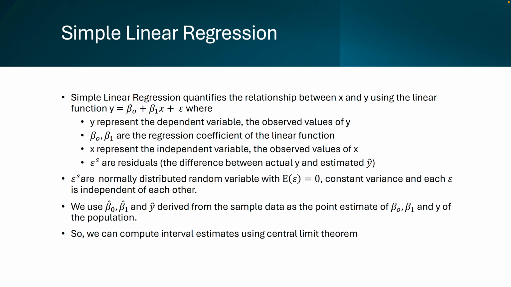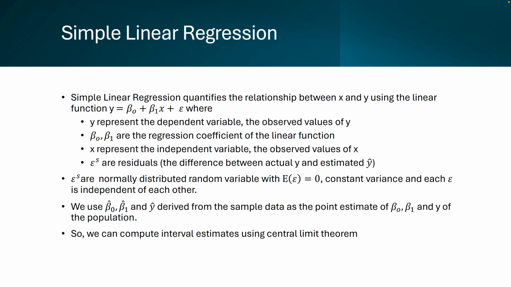If it is not constant variance, there are ways to treat varying variances. And each of these errors or the epsilons for a given pair of x and y, or the difference between y and y hat, are independent of the errors associated with the other x and y's. So these are the properties of epsilons that we consider in our simple linear regression.